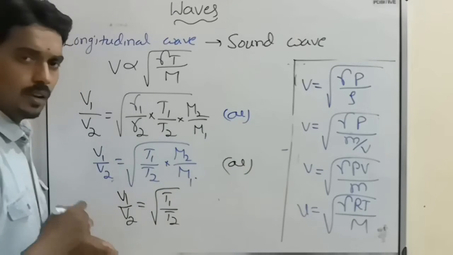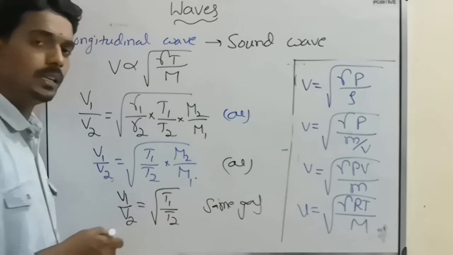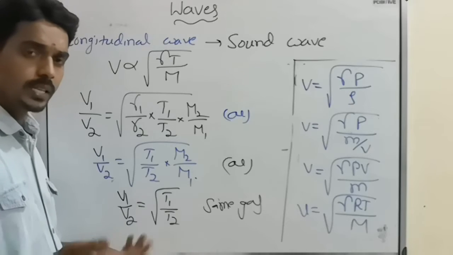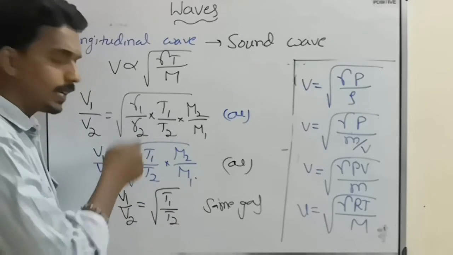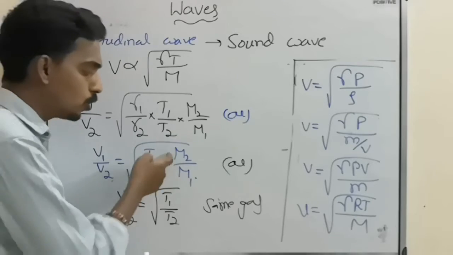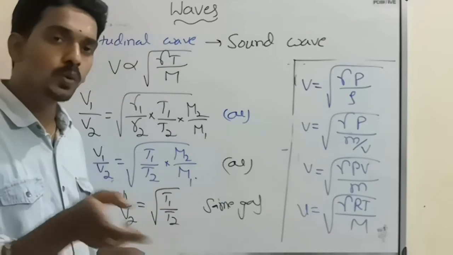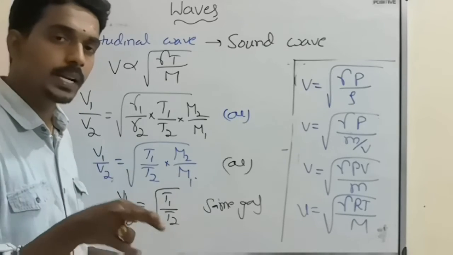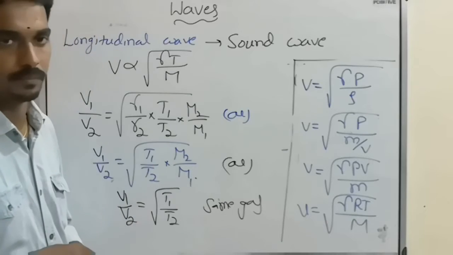This is the case when same gas but at two different temperatures. Or they may ask same temperature, two different gases, then T1 by T2 will get cancelled, only M2 by M1 will be there.